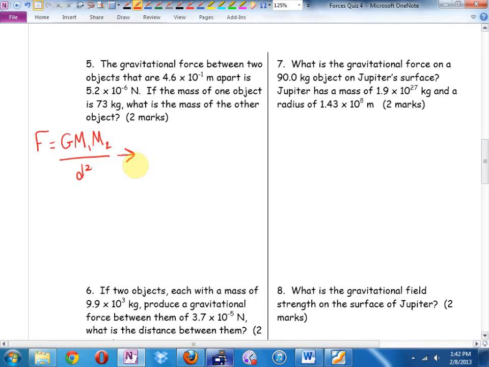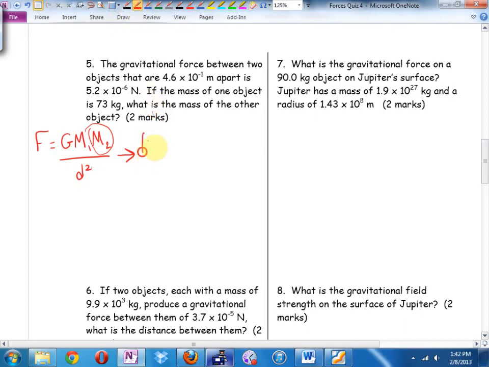Mass. Let's pick. Nick, do you want to find mass 1 or mass 2? It doesn't matter, but I need to decide which one I'm going to get by itself. Mass 2? So I'm going to get this guy by itself, which means I need to move this. It's dividing, times it. I need to move this. It's timesing, so. And I need to move this. It's timesing, so. Can we keep track of that in our head?